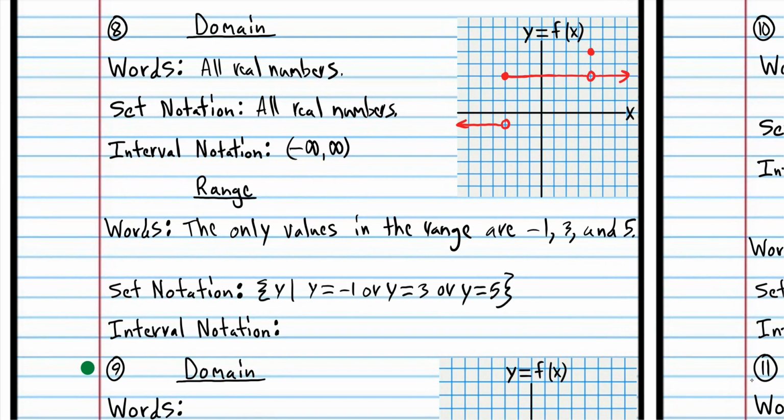Okay, so interval notation. This doesn't really apply. Interval notation is not really the best to use for this. But if you had to use interval notation, it would be bracket -1, -1, union, bracket 3, 3, union, bracket 5, 5, and bracket. So there you go.